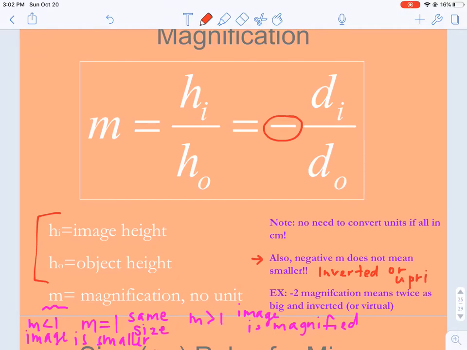Not always. It can sometimes refer to a virtual image too. So negative usually means virtual, or it means inverted or upside down. And that kind of depends on each problem.